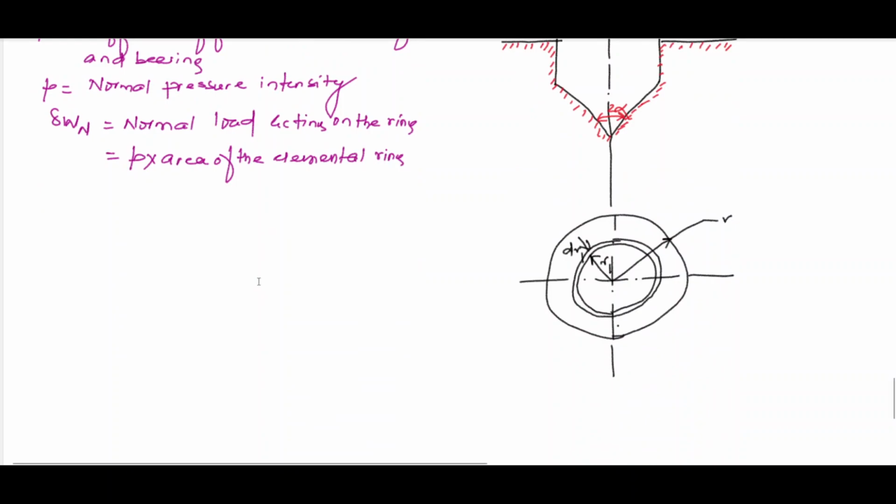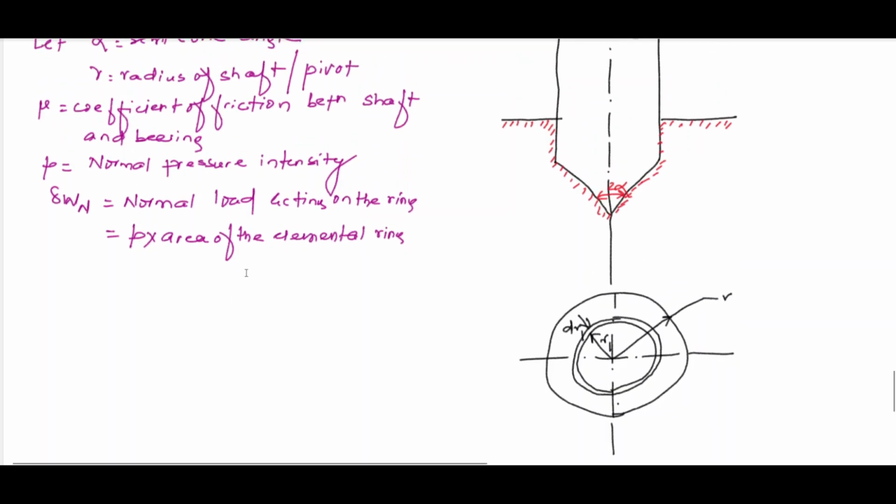We know that from the geometry of the figure, if we choose on the front view, this is the elemental ring. Okay, and the length of this elemental ring, suppose it is dl.